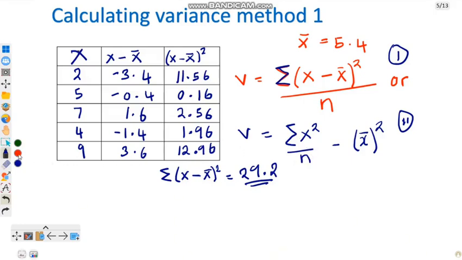Okay, so we can now substitute in our first formula. Therefore, variance is equal to 29.2 over n, where n is the number of data points. We said there are 5, so we put a 5.